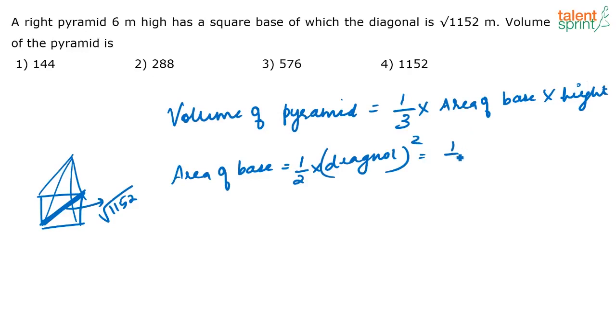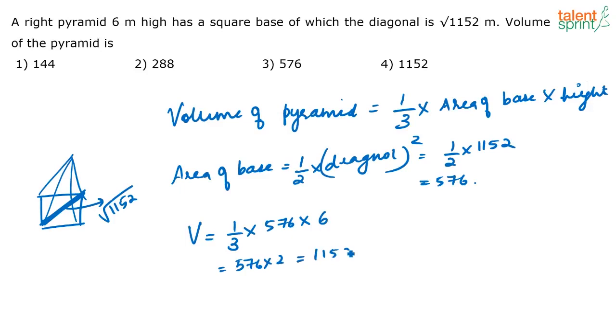This is nothing but half into root of 1152 the whole squared. So it will become half into 1152, that is equal to 576. So what is the volume? Volume is 1 by 3 into 576 into height, which is 6, or that is nothing but 576 into 2, that is equal to 1152.